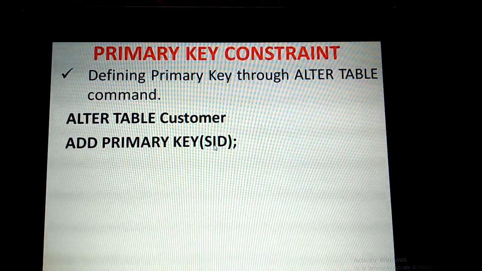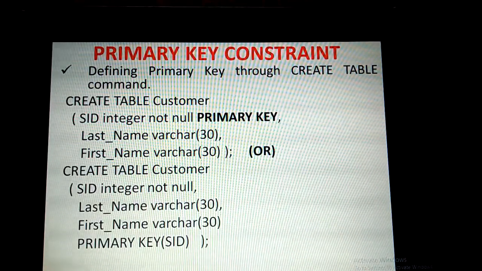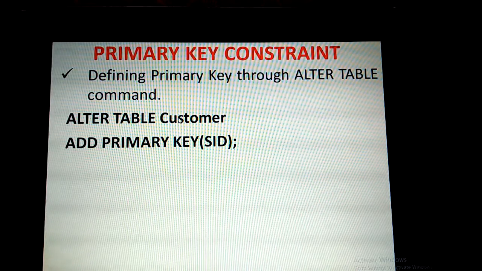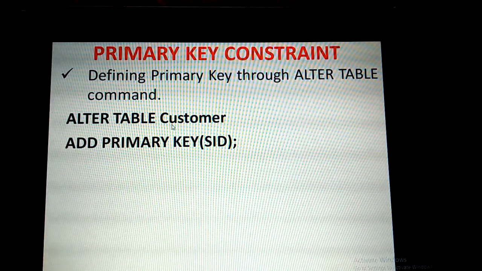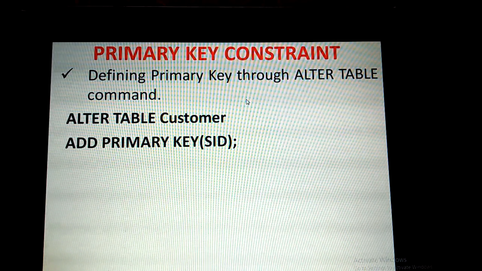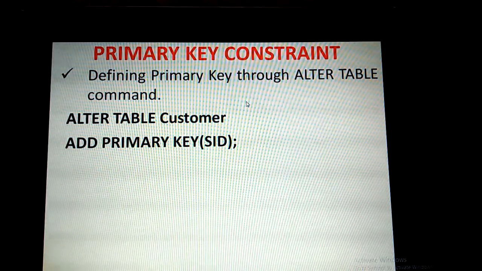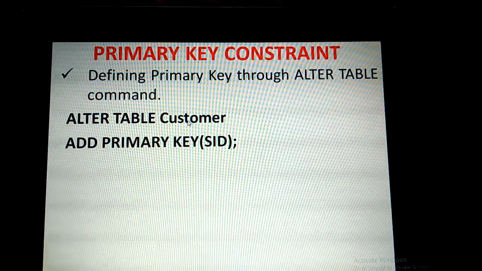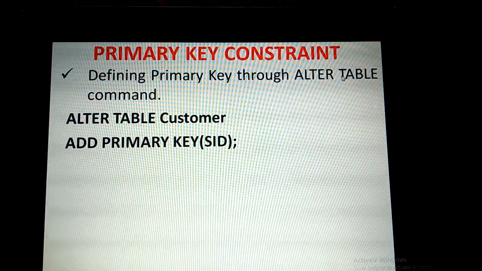While we are creating the table with the create table command, if we forgot to assign the primary key for one particular field, we can assign it later on by using this alter table command. For that purpose only the alter table command is used for defining the primary key.